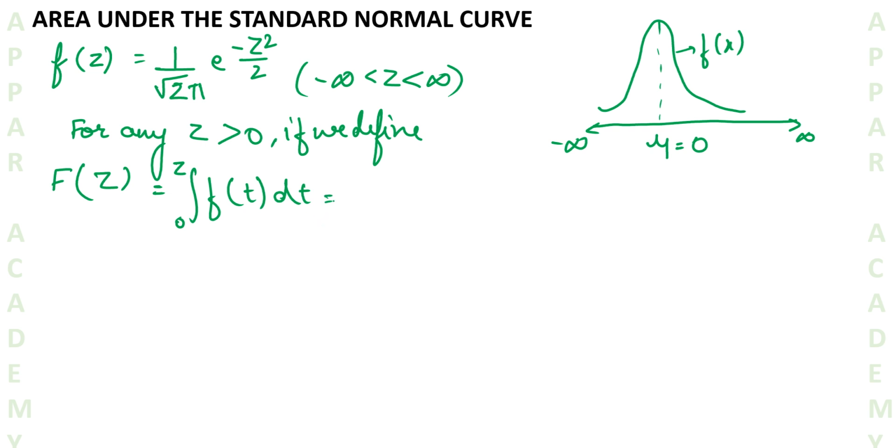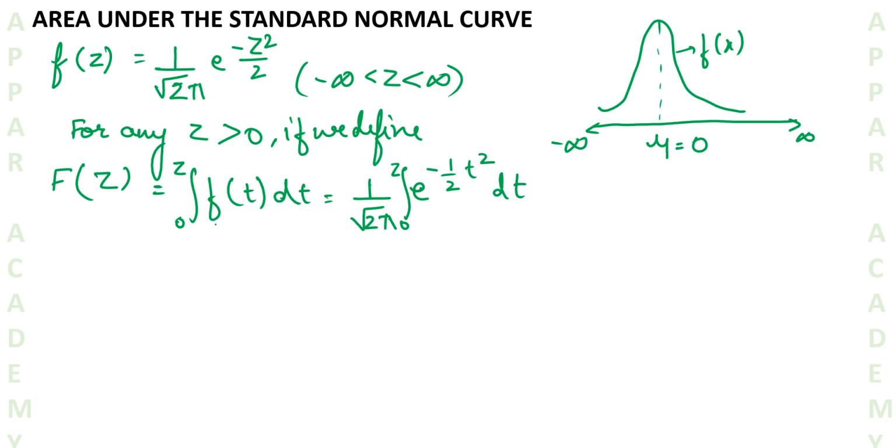Right? So if we want to represent it, can we say it is 1 upon square root of 2 pi, integrating under the limit 0 to z, e to the power minus half t square dt? Can we say this is true? Now, what we have done is simply integrated the density function between 0 to z.